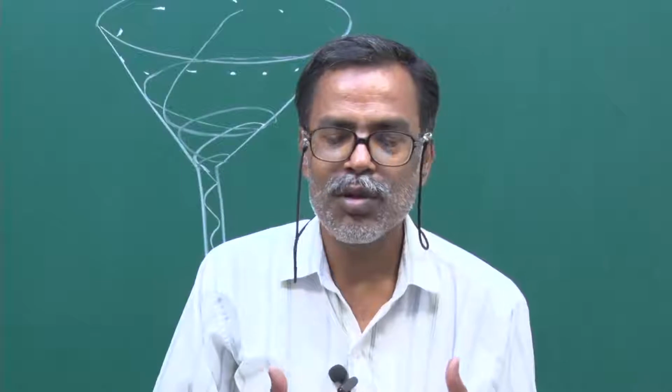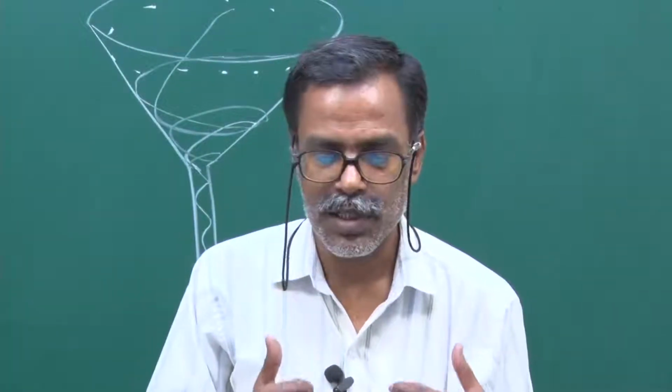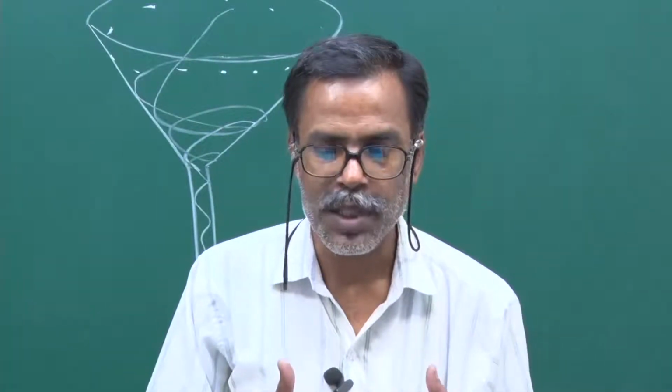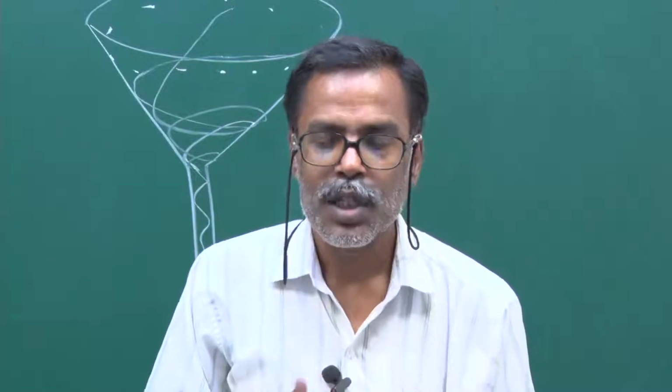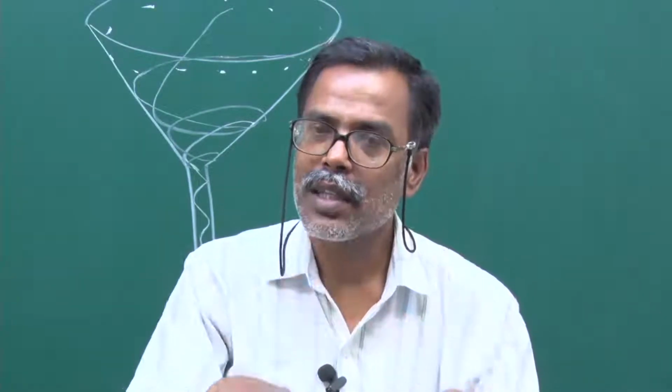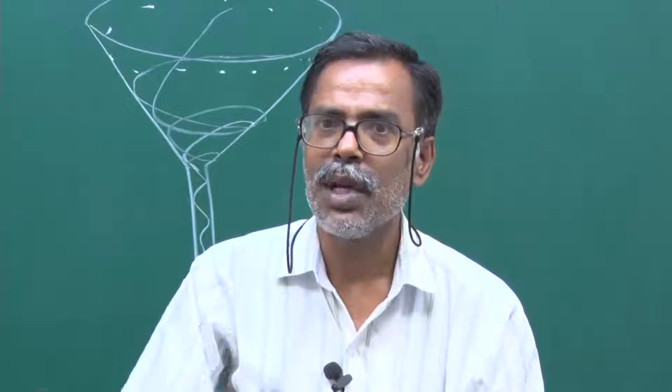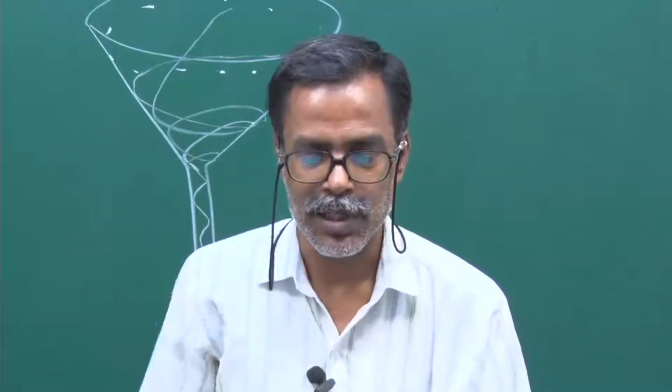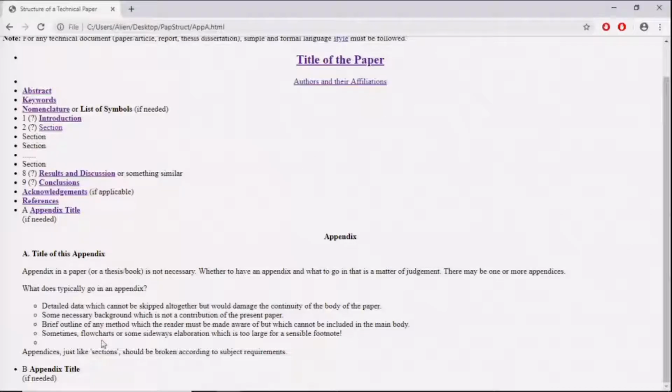But then you do not want to break the narrative of the paper, you do not want to damage the flow. So, you can say that a flowchart of this same algorithm has been given in appendix C or whatever it is. Okay? Some flowchart, some sideways elaboration, some extra detail which is too large for a sensible footnote or proper coverage in the body of the paper itself, that kind of a thing you put in the appendix.